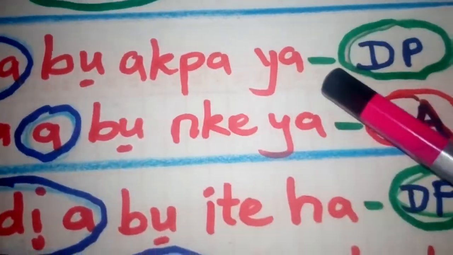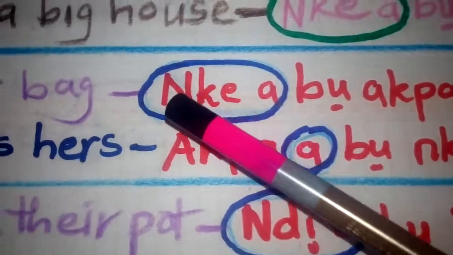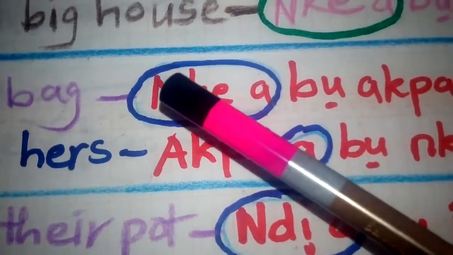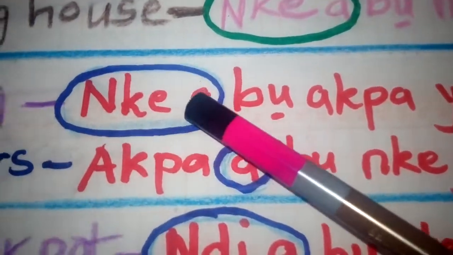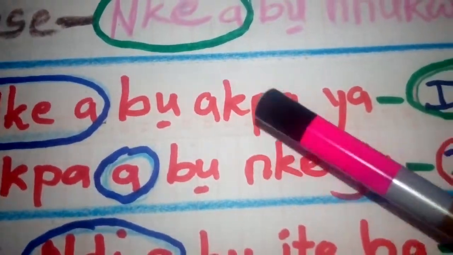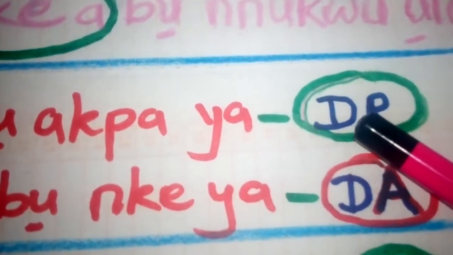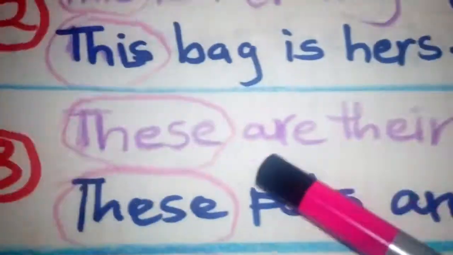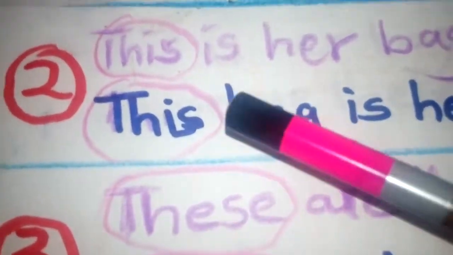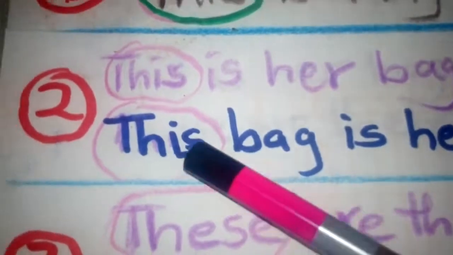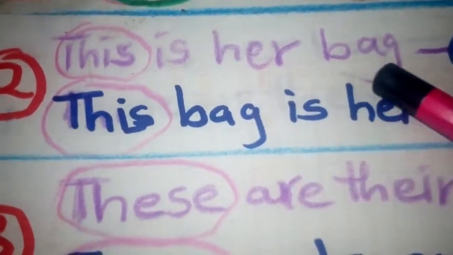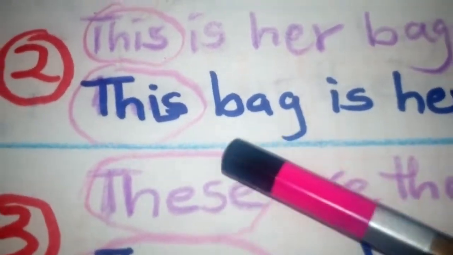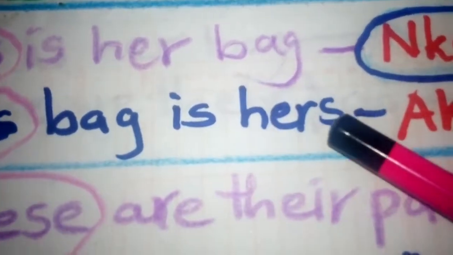So nka is the demonstrative pronoun, and it is placed before the bag. So that's how to know that it is a demonstrative pronoun. In the English language, all of them are placed before the noun or the pronoun they are trying to describe.